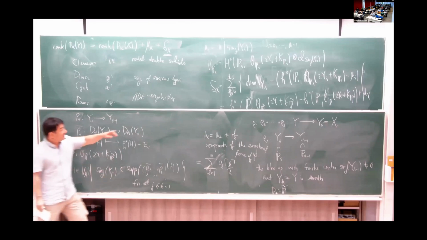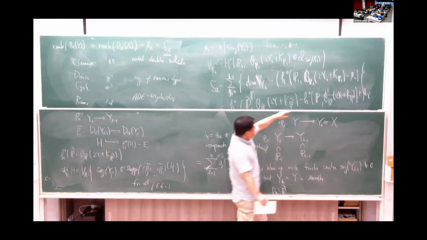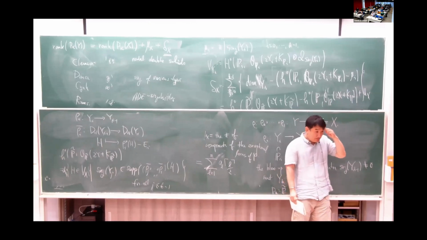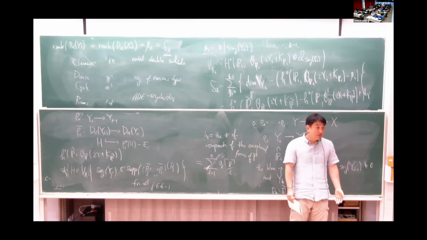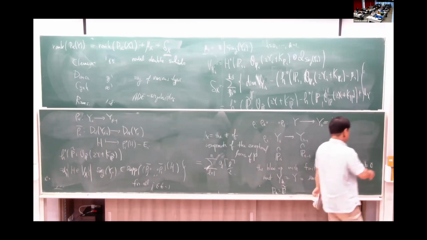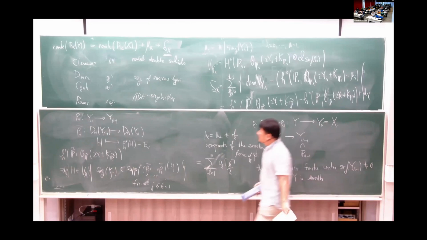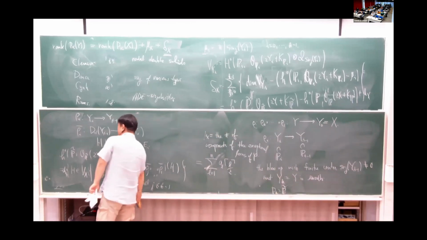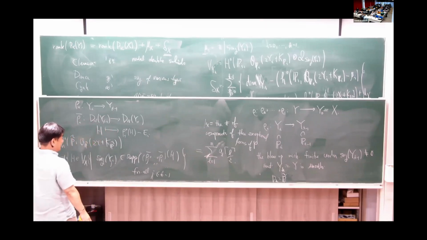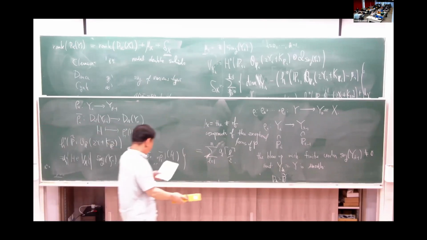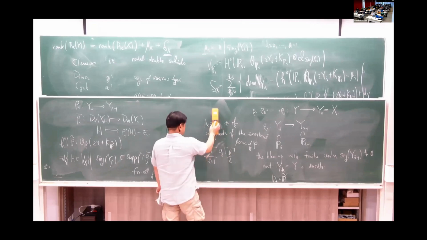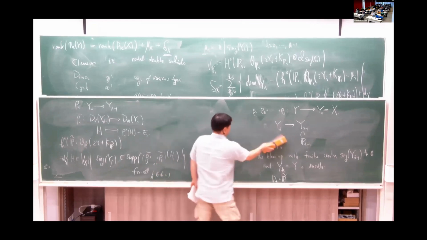So you collect the dimension of all members which pass through the nodes. Okay, and I can erase this. This is the number of the components.